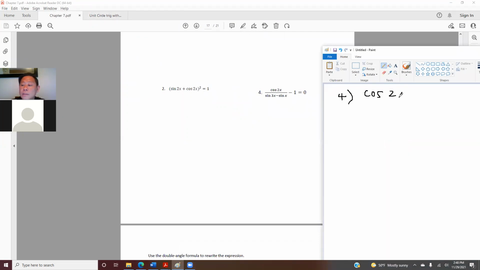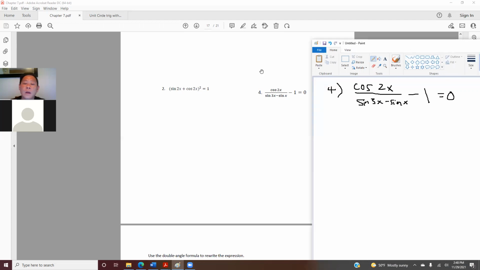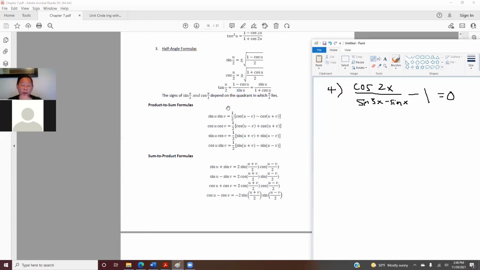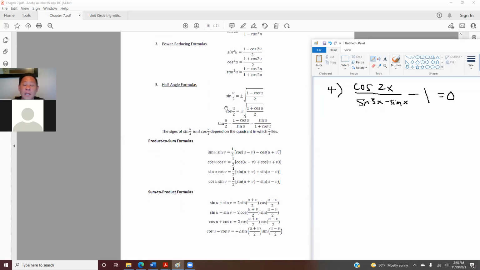Cosine 2x over sine 3x minus sine x minus 1 equals 0. So this is question 4 here. Which one are we going to apply in this case?